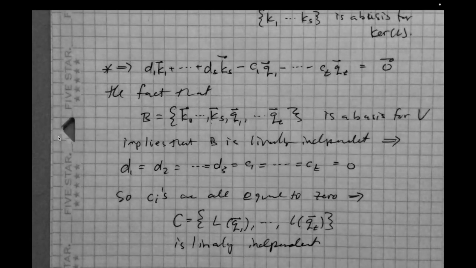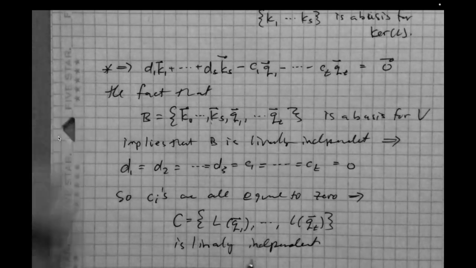So C is linearly independent, and we saw that C spanned the range, and now we see that C is linearly independent. So we have shown that it's a basis.